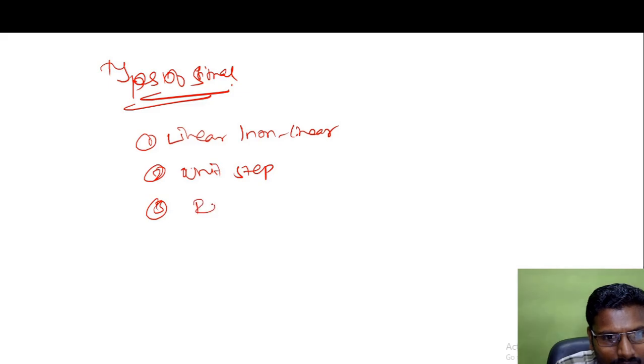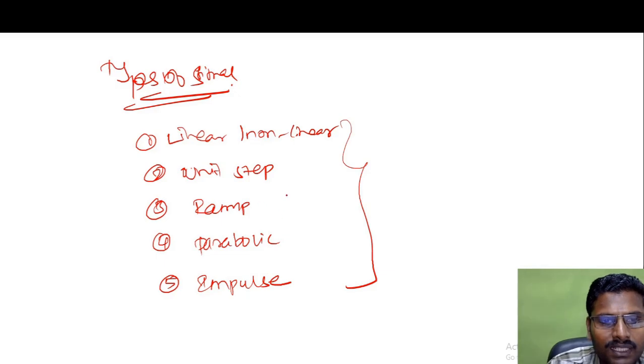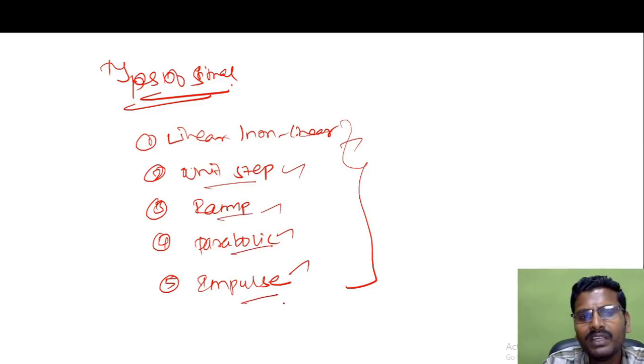Third one, ramp signal. Fourth one, parabolic signal. Fifth one, impulse signal. So these are the basic signals that will be used in real-time applications, right? Linear signal, non-linear signal, unit step signal, ramp signal, parabolic signal, and impulse signal. In the next video we'll see the individual definitions of these signals, right?